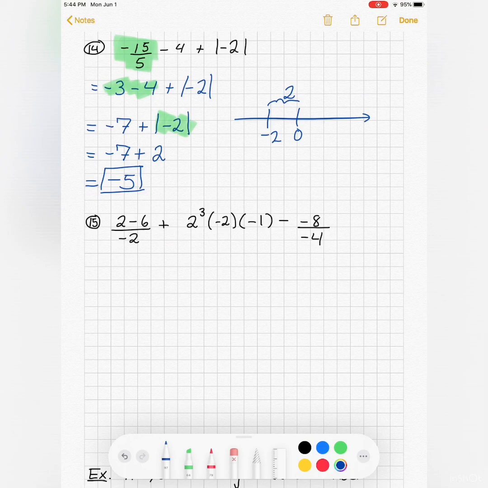And one more interesting one. Okay, so let's start with working here in the numerator in the top of the fraction. 2 minus 6 is negative 4.